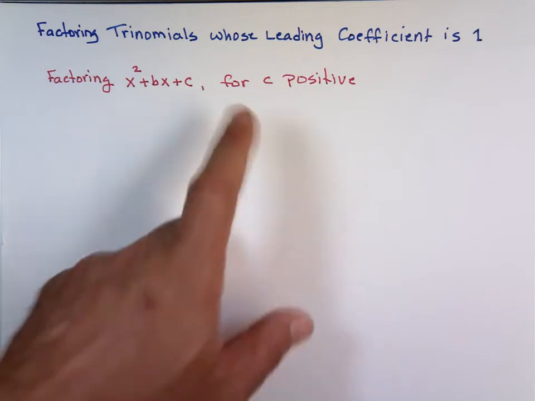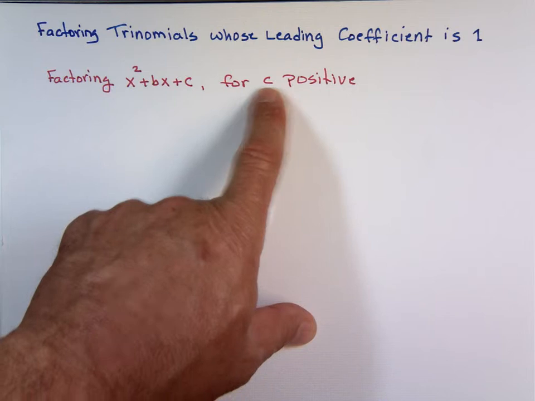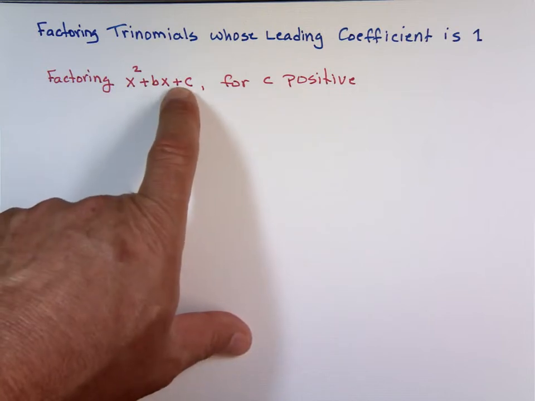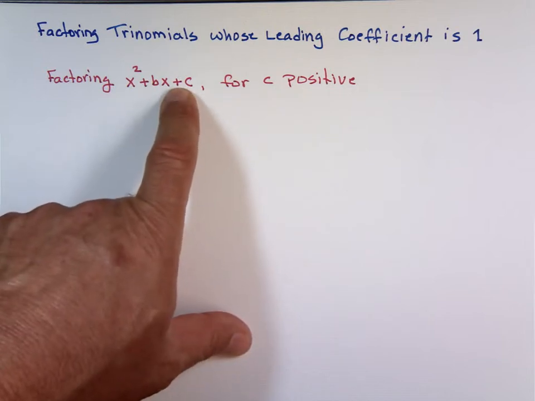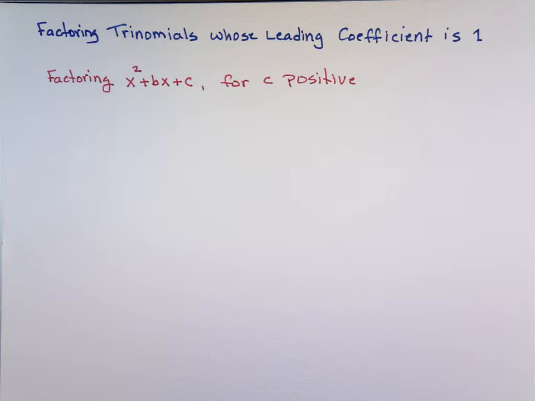Now I'm starting first, the first thing with c being positive. That means this number is positive. And when that number is positive, that tells me both signs are the same. They're either both positive or they're both negative.